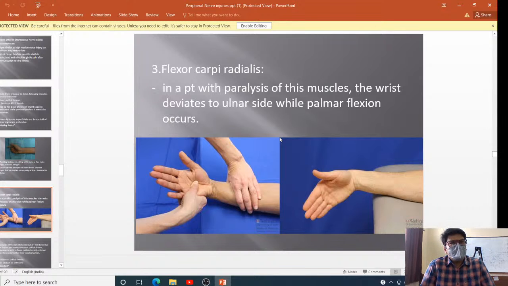Flexor carpi ulnaris is supplied by the ulnar nerve. So because there is median nerve injury, flexor carpi radialis does not act. So flexor carpi ulnaris acts because the ulnar nerve is intact. So when you attempt wrist flexion against resistance, the wrist will go into ulnar deviation.